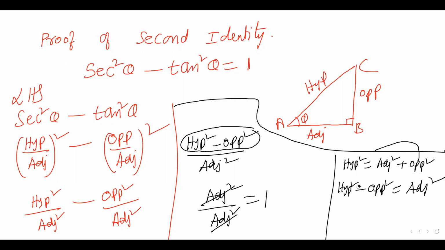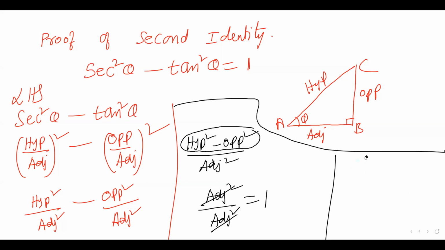This proof is called geometrical proof of identity. And here in the brackets, I'm going to write, since hypotenuse square minus opposite square is equal to adjacent square. So I have replaced hypotenuse square minus opposite square as adjacent square.